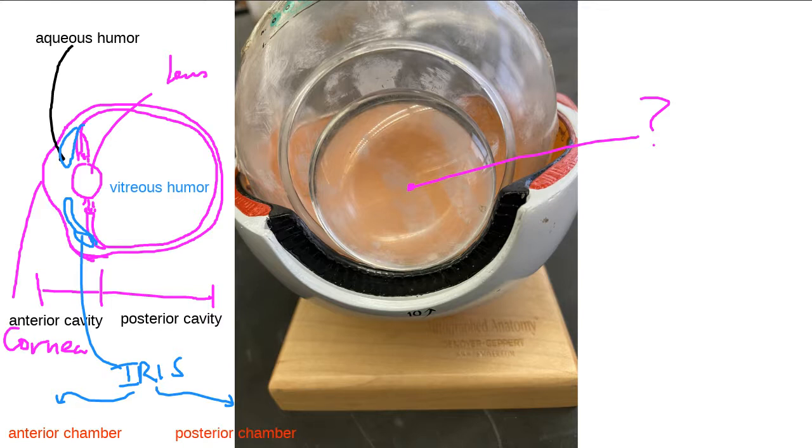Anterior and posterior chamber. They are found within the anterior cavity, but it is the iris that separates it. So basically, this will be the posterior chamber, and this up here will be the anterior chamber.